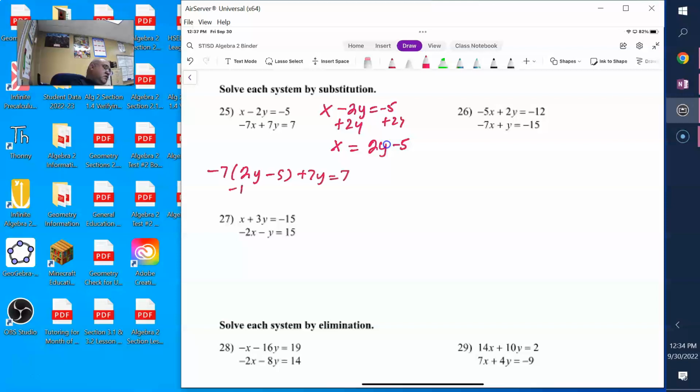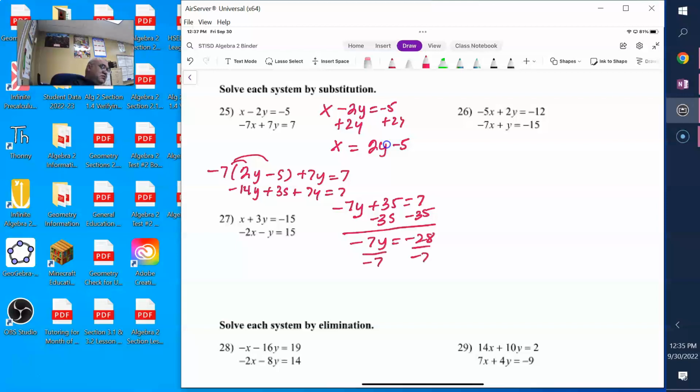So you have negative 14y, that's a distributive property, plus 35 plus 7y equals 7. Combine like terms, negative 14y plus 7y gives you negative 7y plus 35 equals 7. Subtract 35 from both sides. So you have negative 7y equals negative 28. Divide by negative 7. So y equals 4.